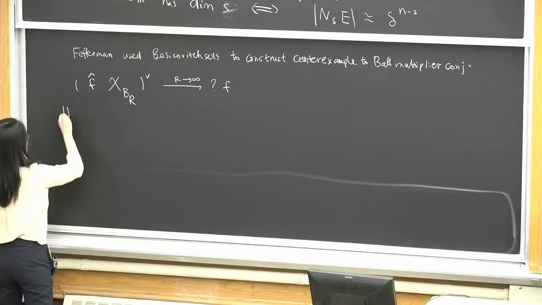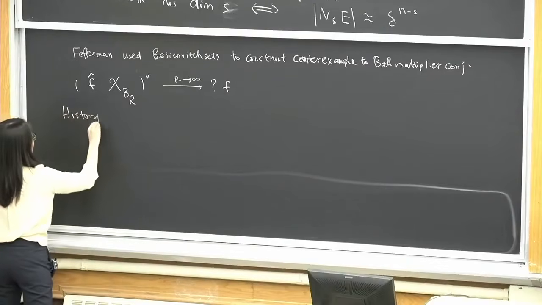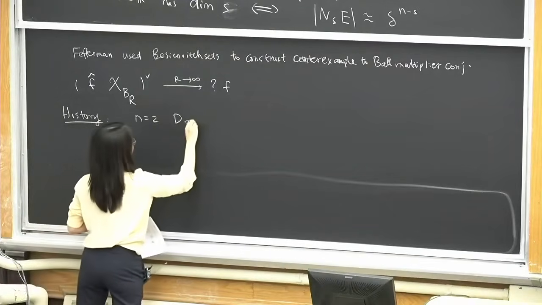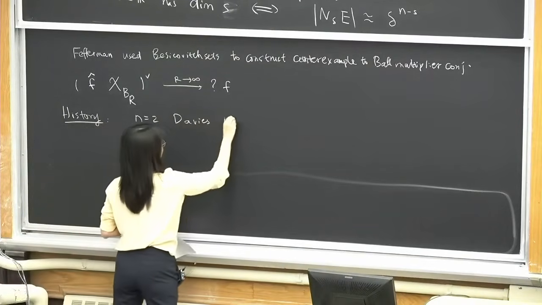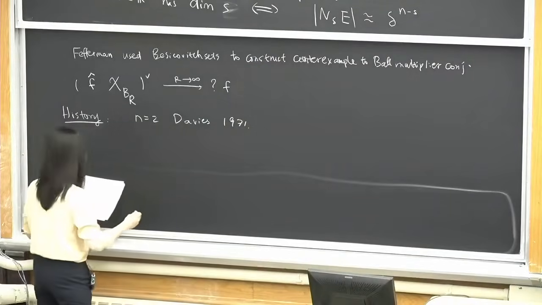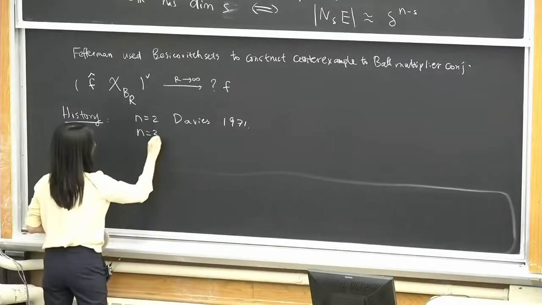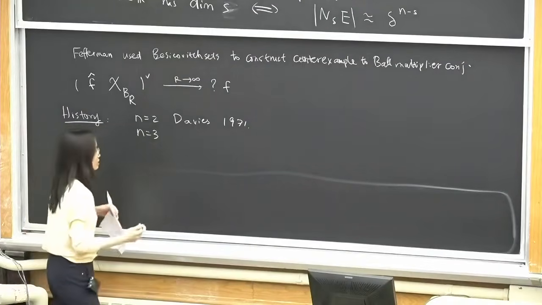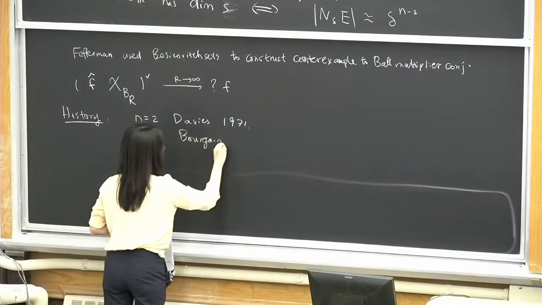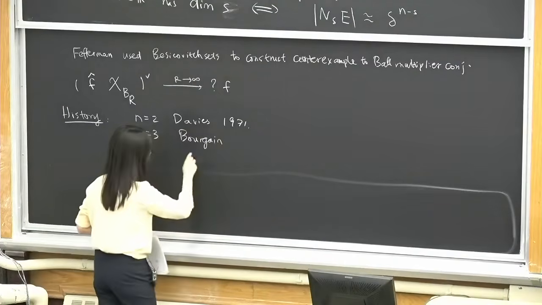So let me talk about history. The dimension 2 case was solved by Davies in 1971, and the dimension 3, that's what we are focusing on today. There have been several results in the past.